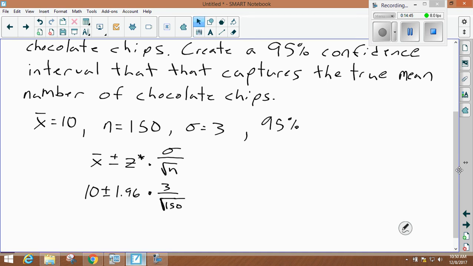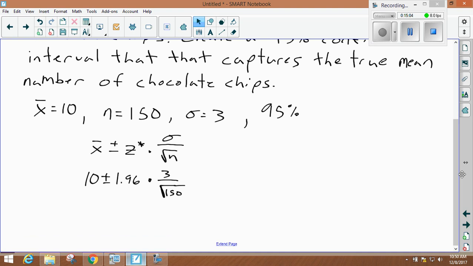Let's do it by hand first and see that our calculator will get this for us. The first thing I'm going to do is calculate this piece right here. It's not something you absolutely need to know, but this is actually my margin of error.